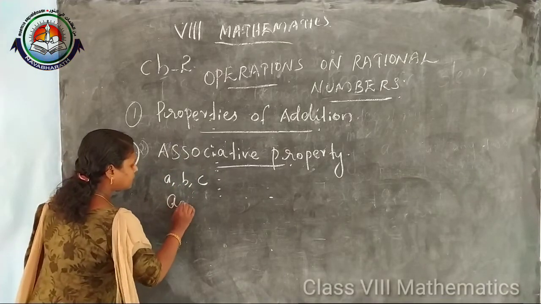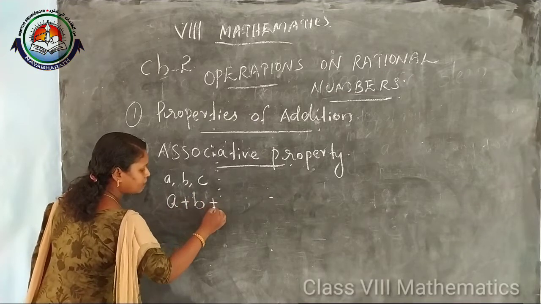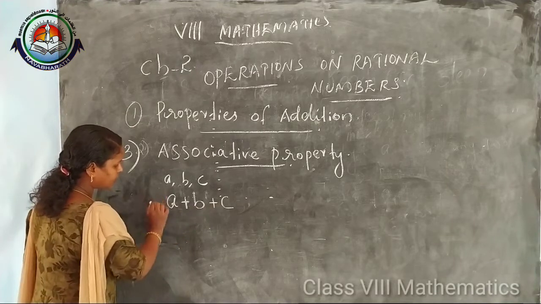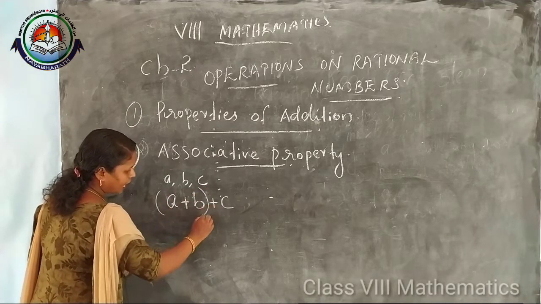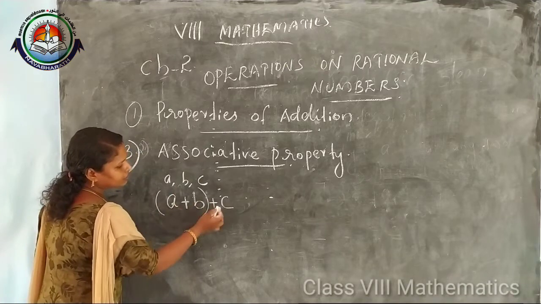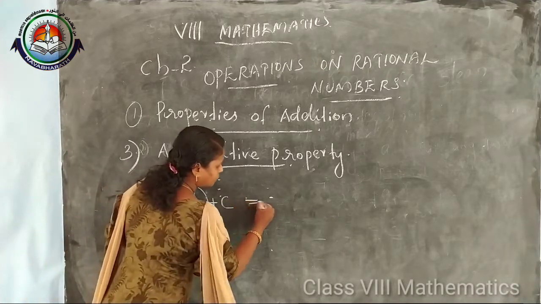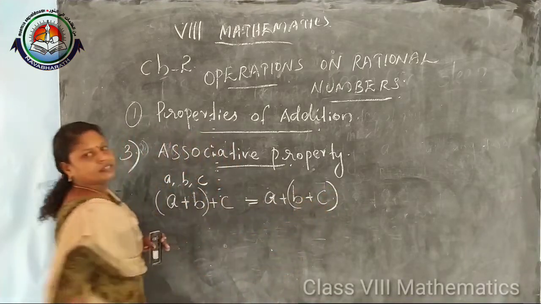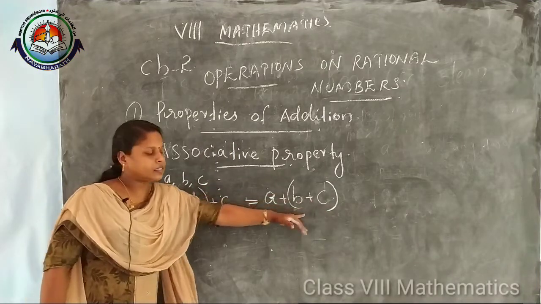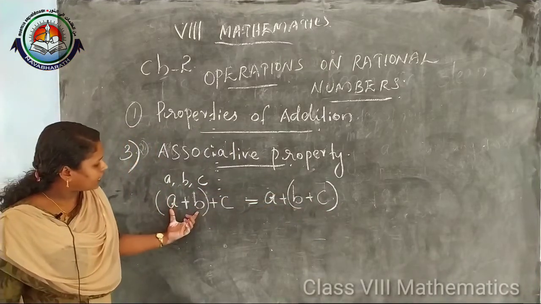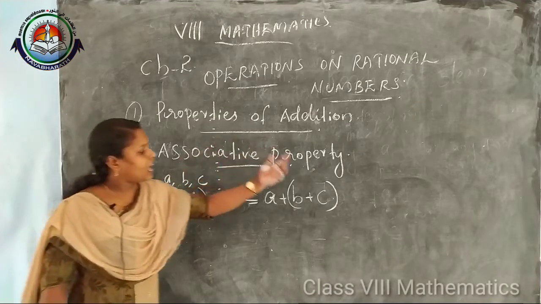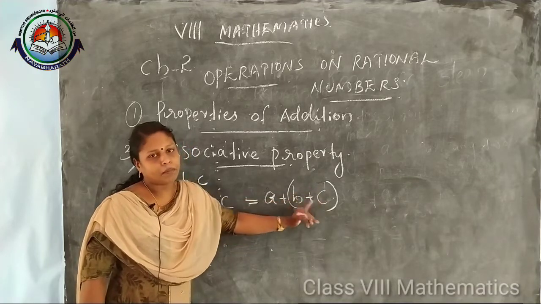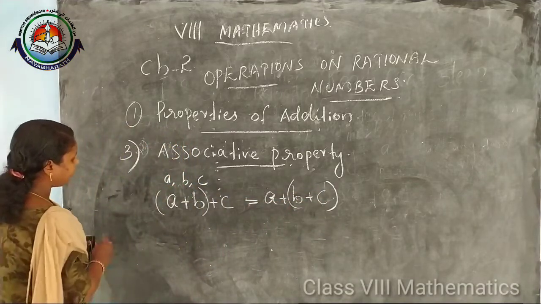Then the associative property means: A plus B plus C. Instead of adding all three together, on the LHS we first add the first two numbers, then the third, and that equals A plus B plus C on the RHS, where we first add the last two numbers. What is the difference between LHS and RHS? In the LHS, first we add the first two numbers, and in the RHS, first we add the last two numbers.